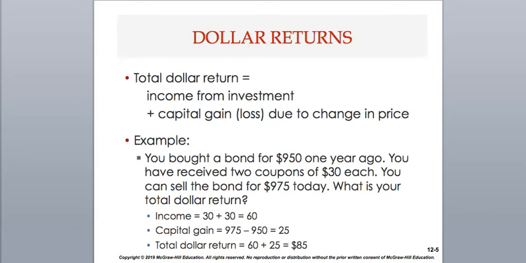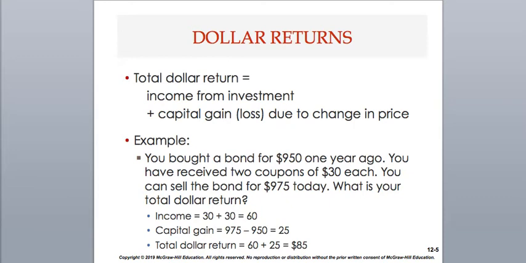Well, if you ask yourself, how much income did I receive? Then you would know that you received 2 coupon payments of $30 each, so that is $60. And the capital gain is the change in the price. So you bought the bond for $950 and you can sell it today for $975.